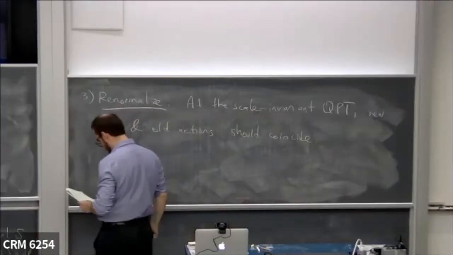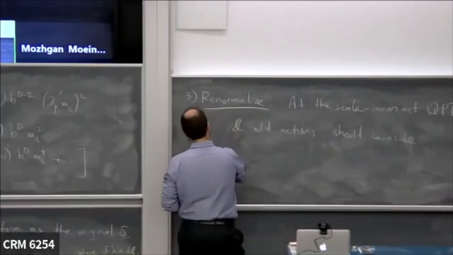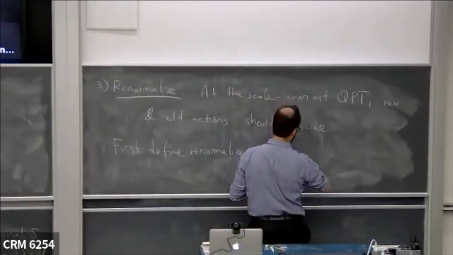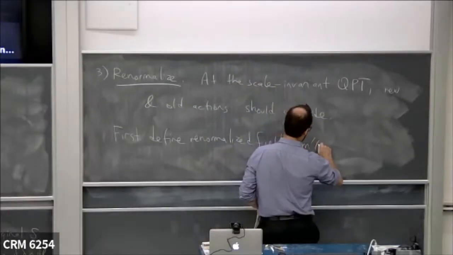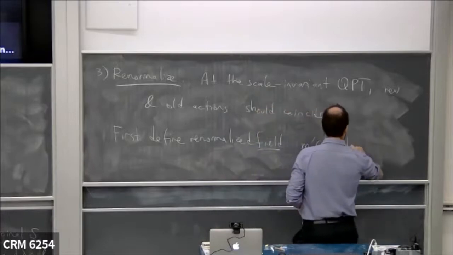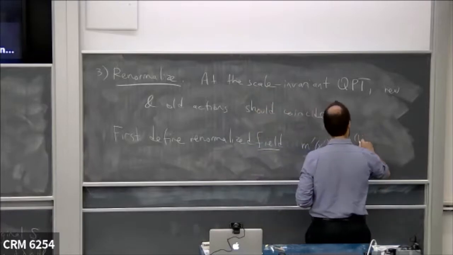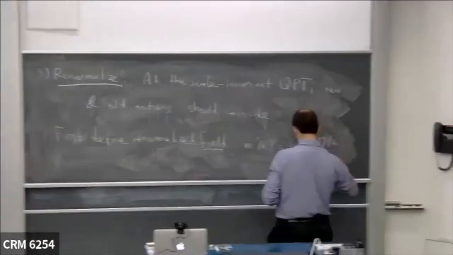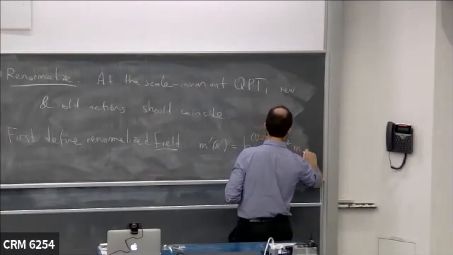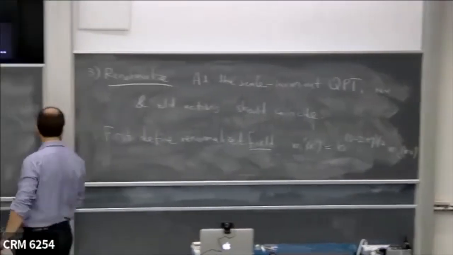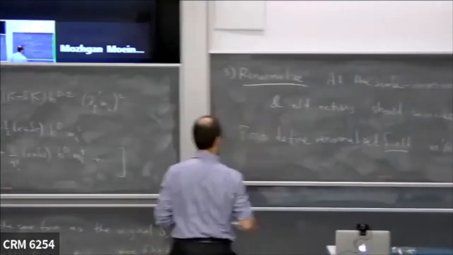So we'll define a renormalized field m prime of x prime to be b to the d minus 2 plus eta over 2 of m lesser of x, expressed in the x prime system of coordinates.